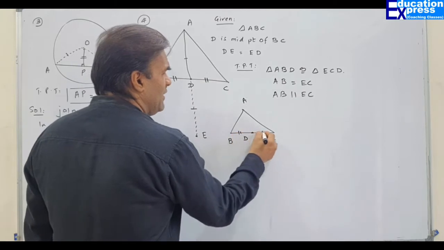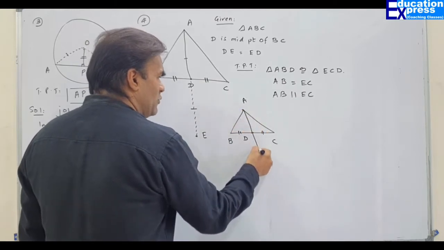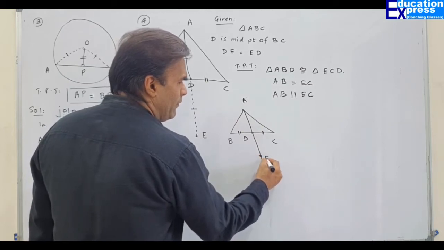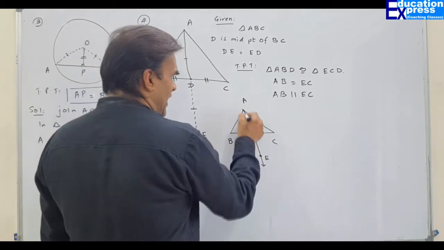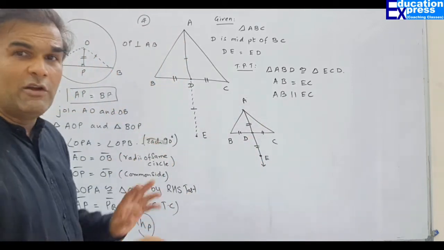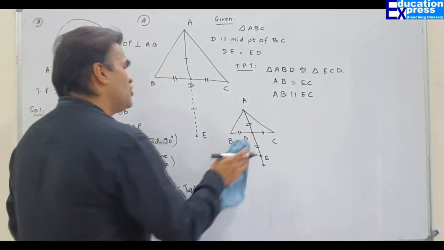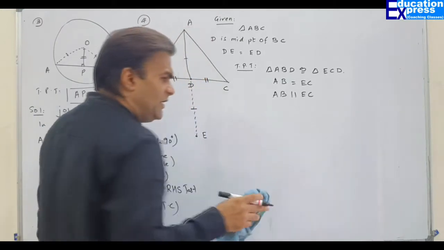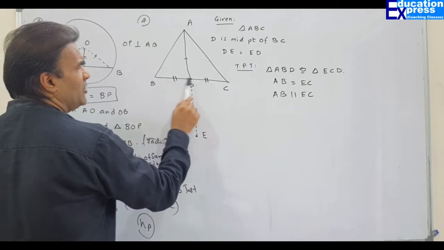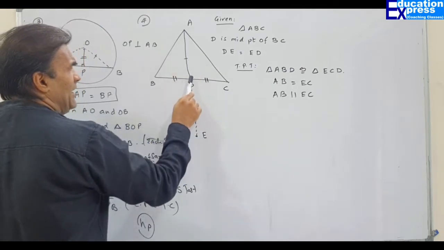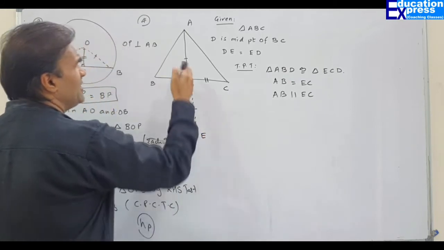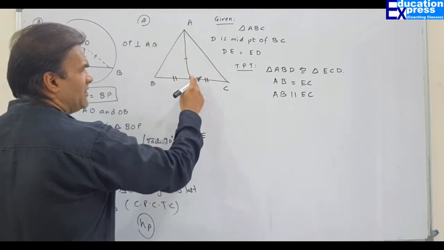Now what are they saying? AD is produced. So we are extending AD till point E such that AD equals DE. This information is given to us in the question. So my dear friends, this is the diagram: triangle ABC, D is a midpoint, so these two are equal, and AD is produced till point E, such that AD equals DE.